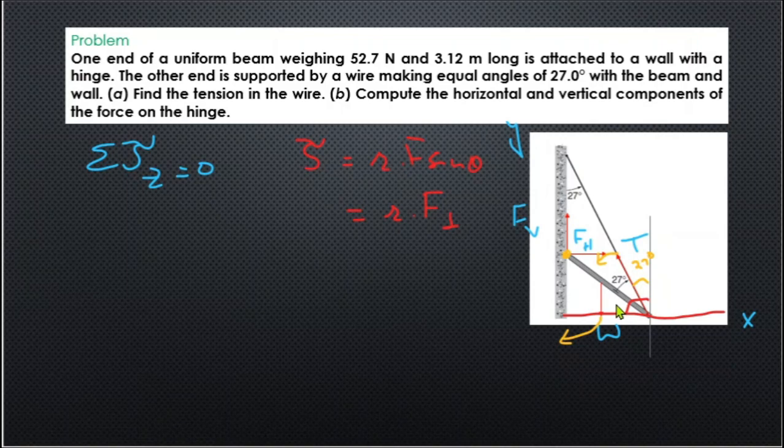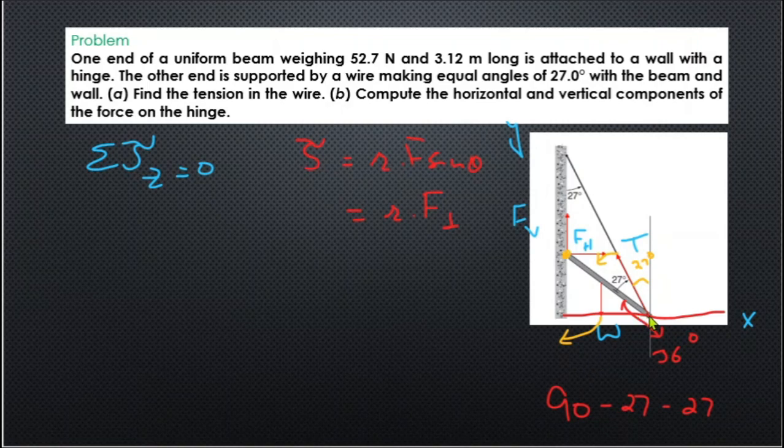So if I want to find out the angle which that uniform beam would make with that horizontal line, then my angle would be equal to 90 degree minus 27 degree minus 27 degree, and that angle would be this one over here, and that angle is equal to 36 degrees.